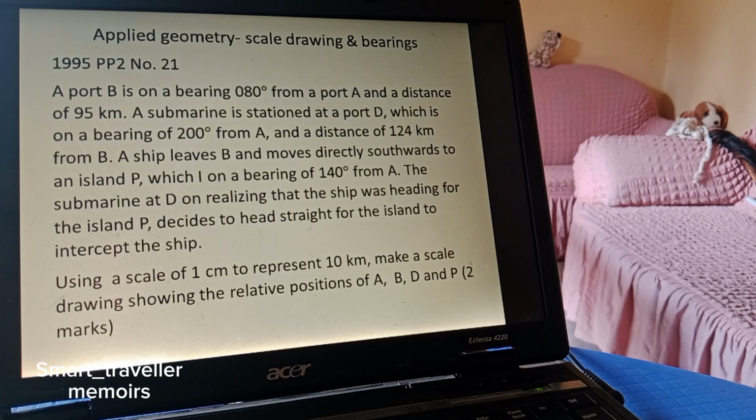From B, a ship leaves B and moves directly southwards towards an island P, which is on a bearing of 140 degrees from A. The submarine at D, on realizing that the ship was heading for the island P, decides to head straight for the island to intercept the ship.